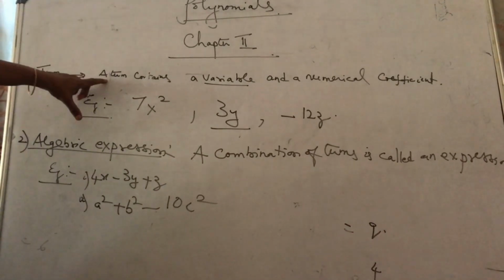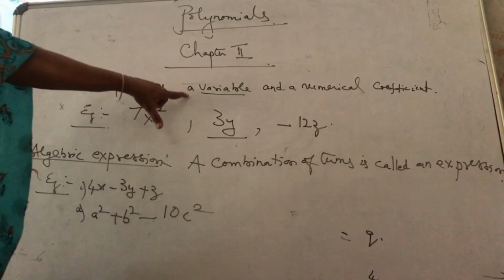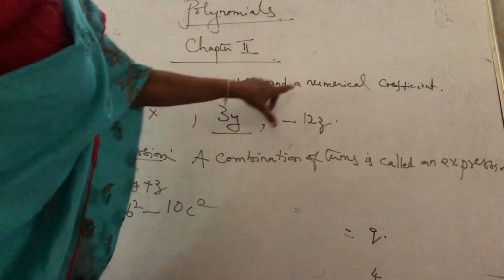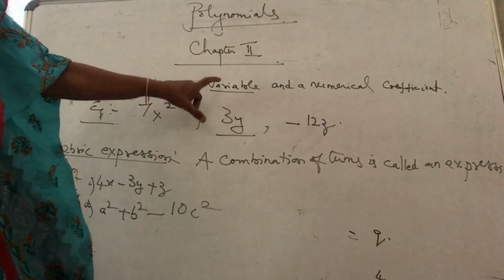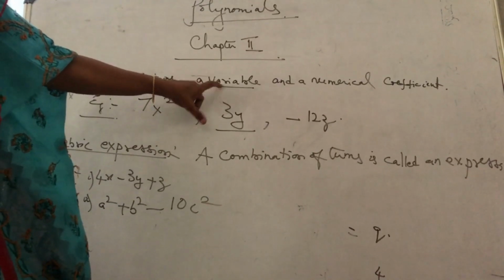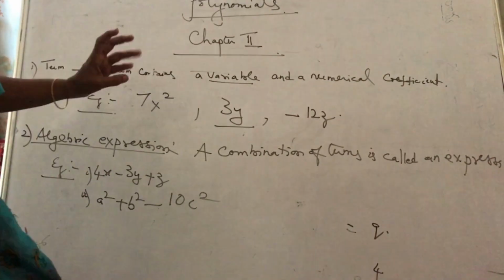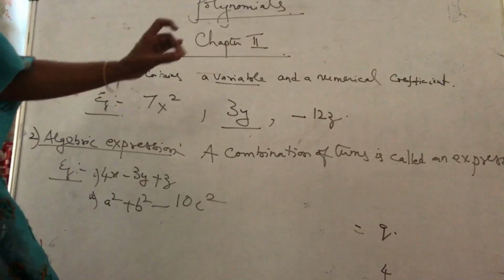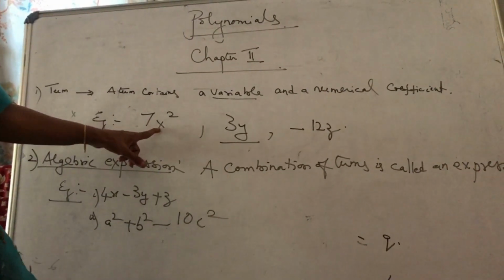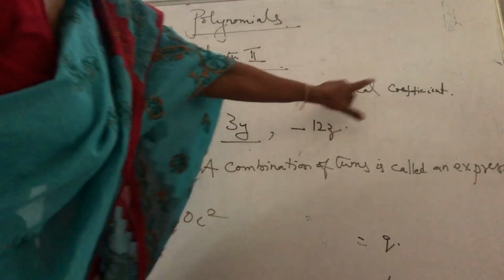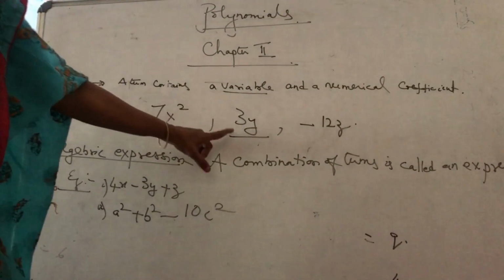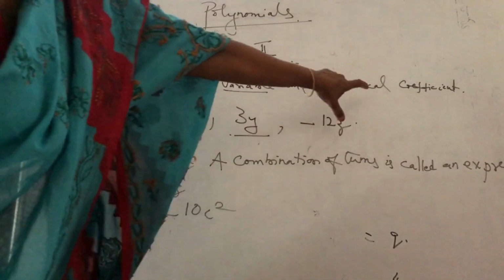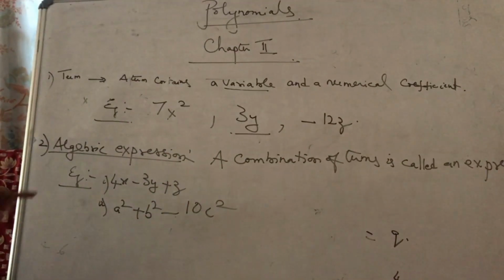A term contains a variable and a numerical coefficient. Variable means all unknowns are called variables. The letters X, Y, Z, P, Q, A, B are called variables. And numerical coefficients means the numbers 7, 3, minus 12 are called numerical coefficients.